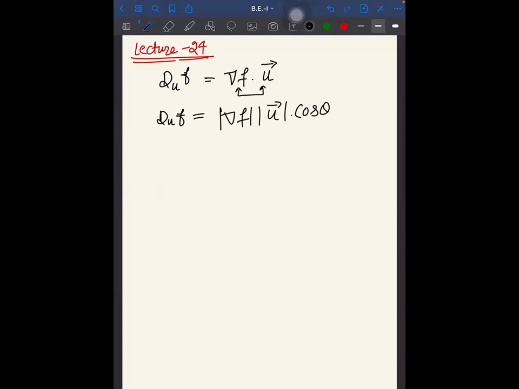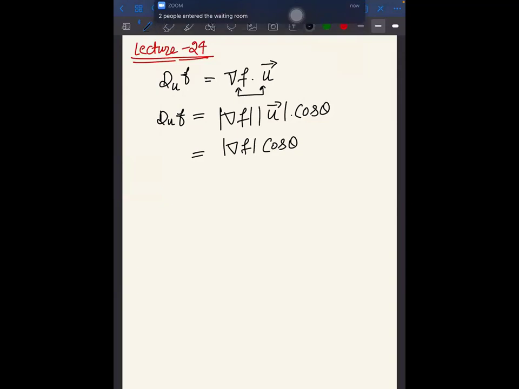Now we know that u is a unit vector, so that can be written as mod del f times 1 times cos theta. True?